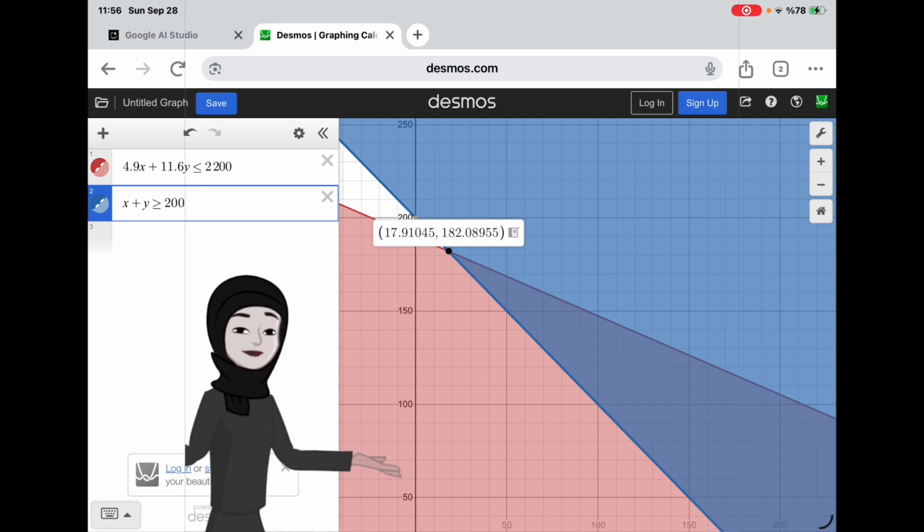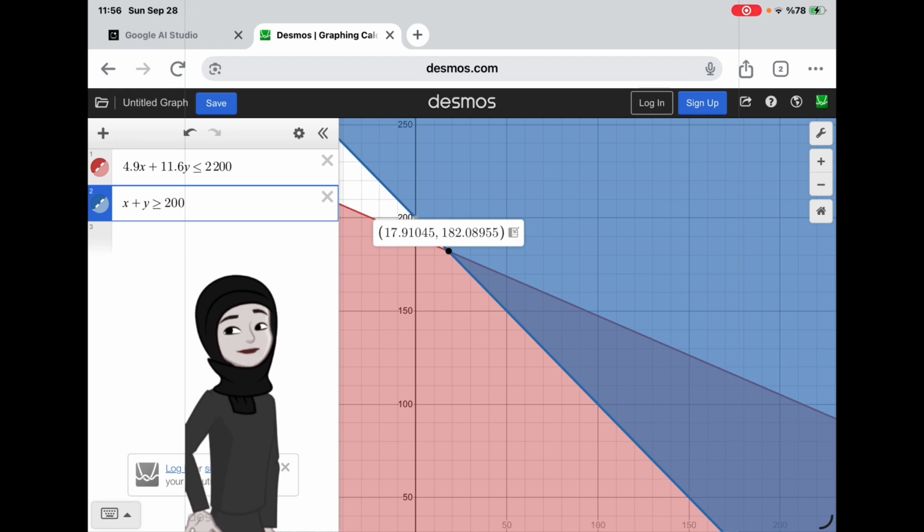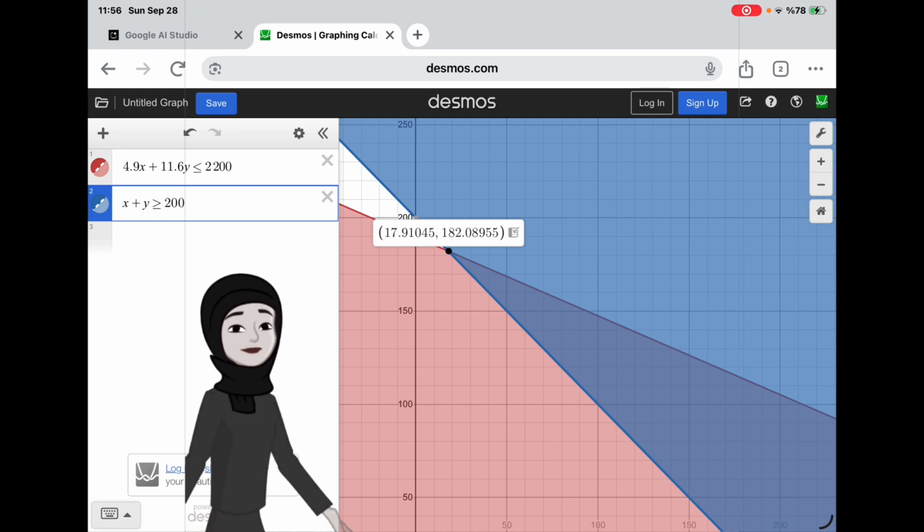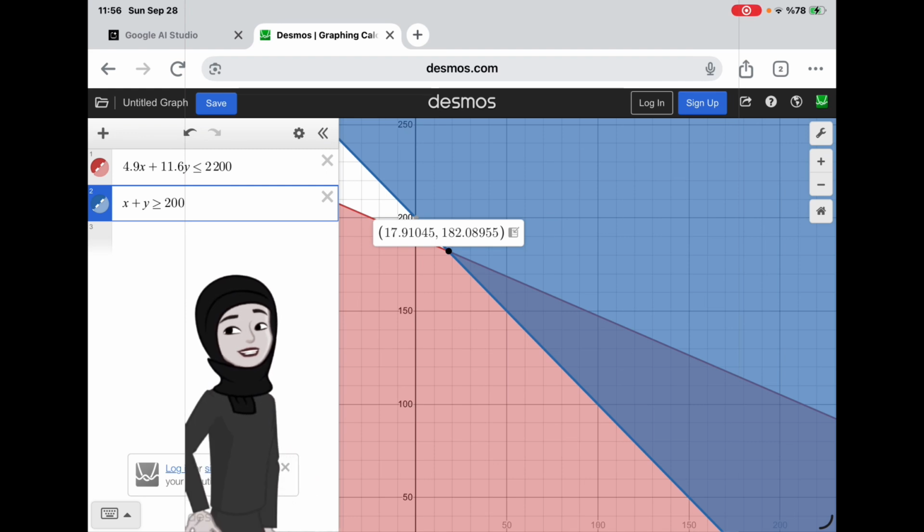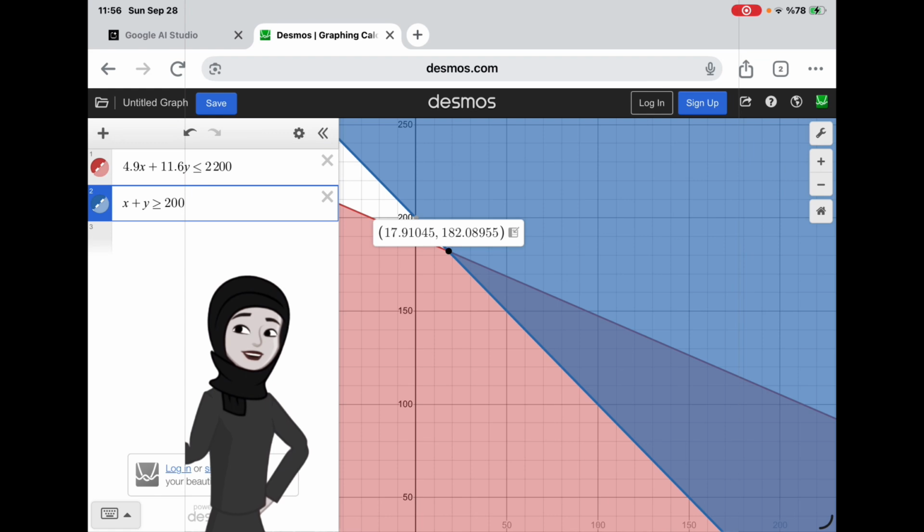And here we need a whole number, the largest whole number for L, instead of 182.09. I have used X and Y because this is a Desmos calculator. So the Y is nothing but the maximum number of large candles he can buy.